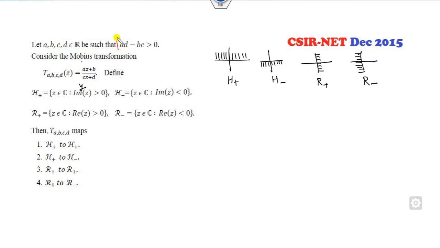Now what is the transformation? There is a positive transformation. So H maps to the upper half, there is no other half. So it is a mapping on this. This is also the same mapping as in the first example. So H maps to H positive, H maps to this is wrong, and R positive to R positive is correct. The correct options are A and C.